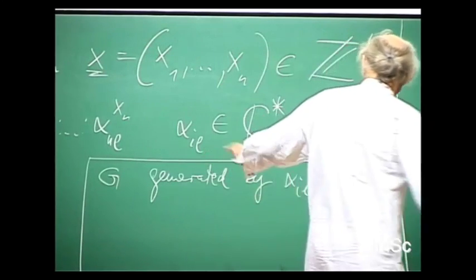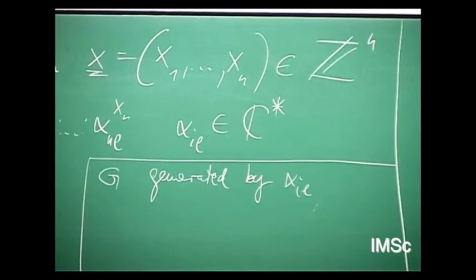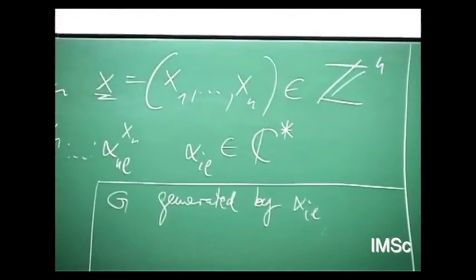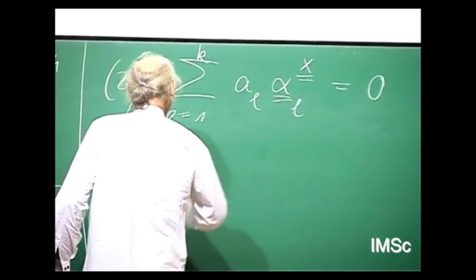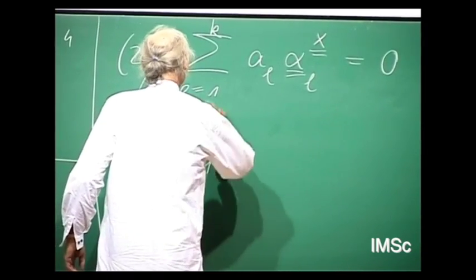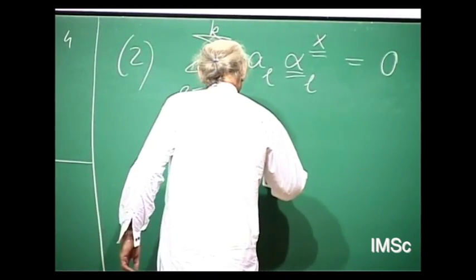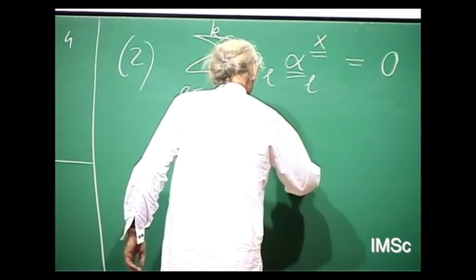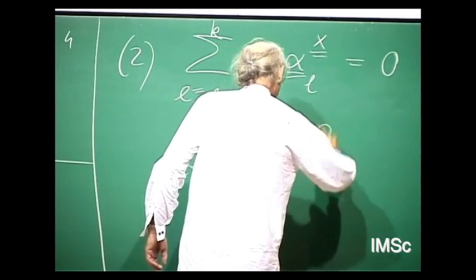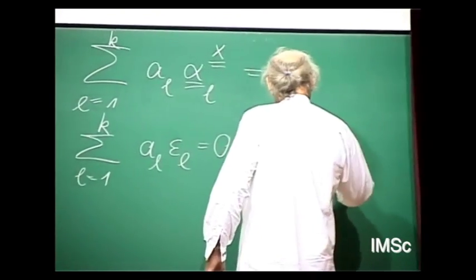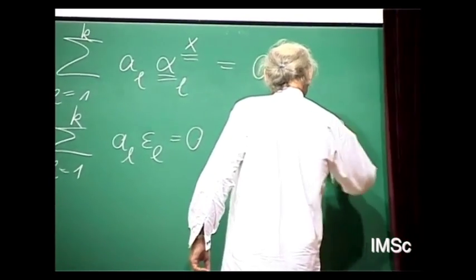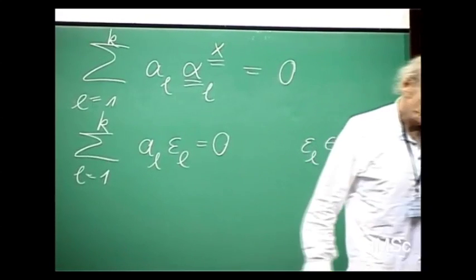So this group G obviously is a finitely generated group, so it will have finite rank, and so we might consider the equation sum L from 1 up to k of A_L epsilon_L equals 0, where now we ask for solutions epsilon_L in our group G.